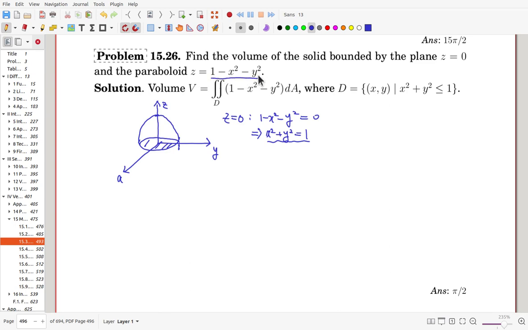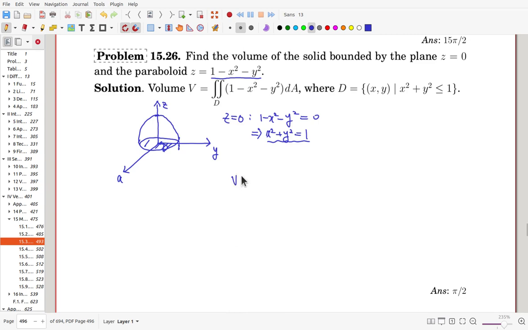Okay? So the volume must be the integral over D. Once we say that is D, then the integral over D of 1 minus x squared minus y squared. So we have to get that one. Okay. Now, the bottom D is a polar region. r is moving from 0 to 1, and theta is from 0 to 2 pi, right?